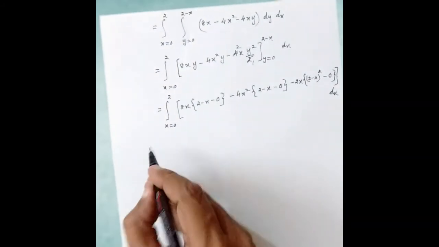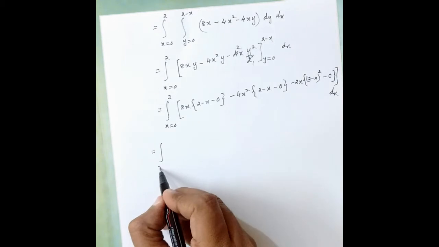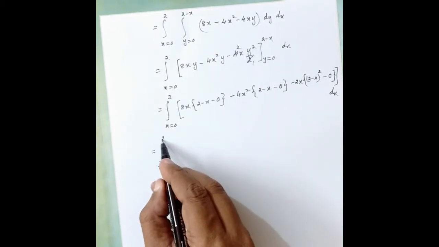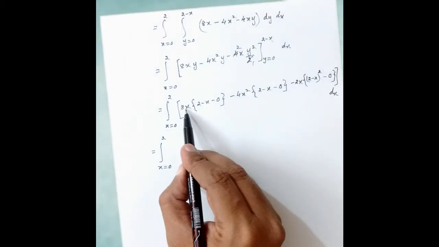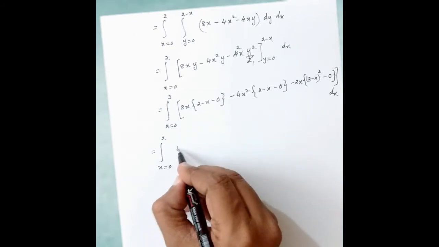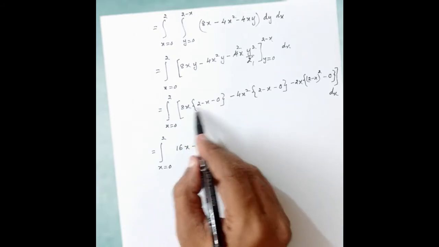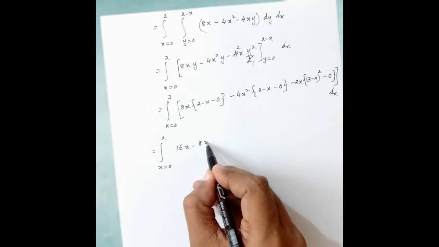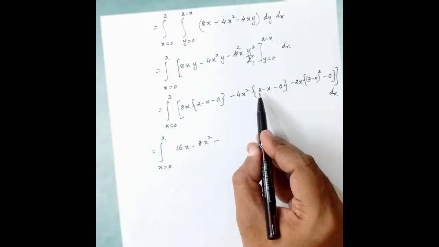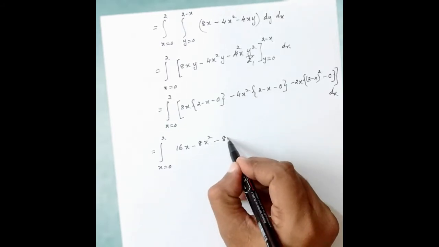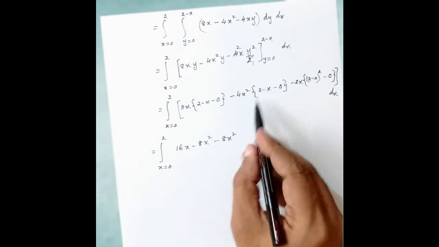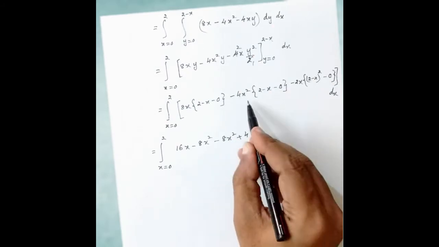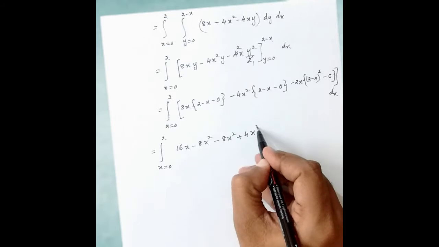Let us try to simplify this one, which is nothing but integral of x is equals to 0 to 2. So let us try to multiply this one. So 8 times of 2 will be 16x minus 8x into x will be 8x square minus of, again multiply, 4 times of 2 will be 8x square, then minus of minus will become plus 4x square into x will become x cube.